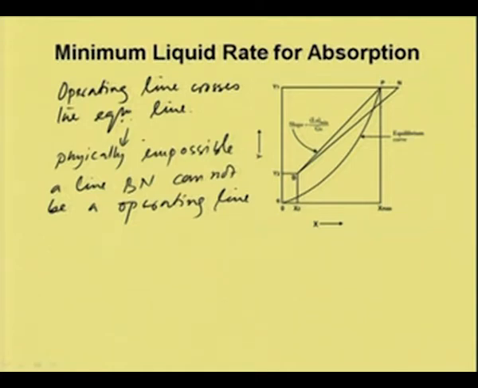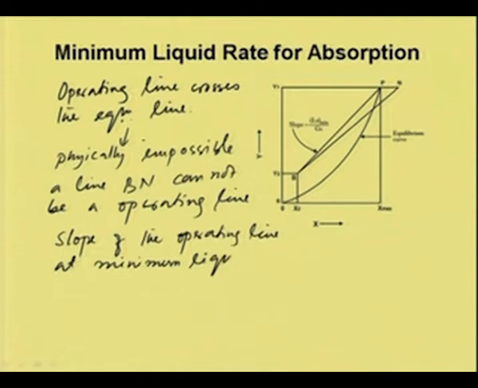So, the slope of the operating line at minimum liquid rate would be equal to Ls min by Gs, which is shown in this line.